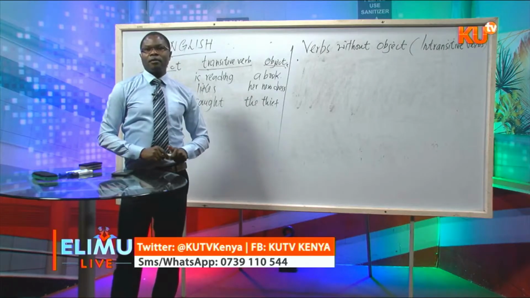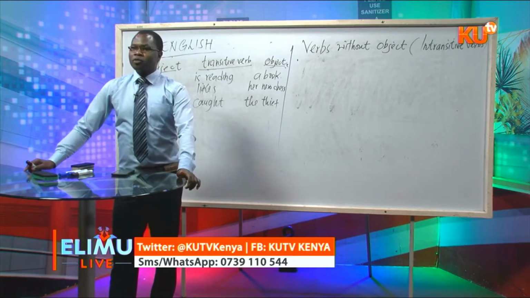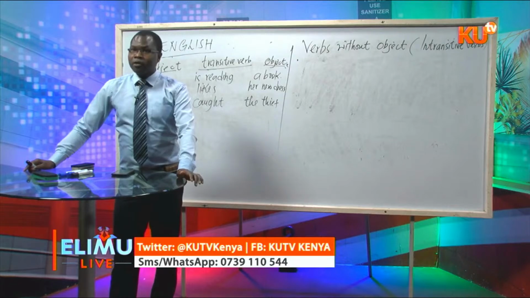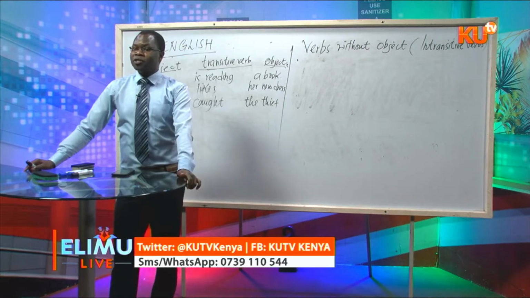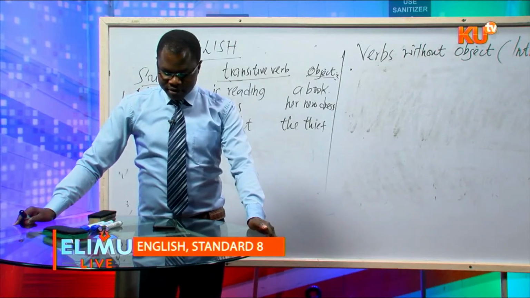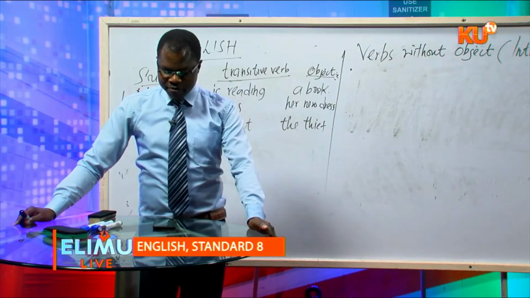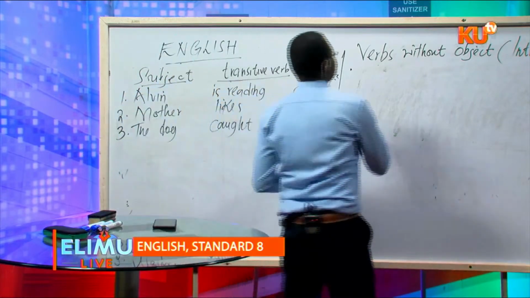Unlike the first group, we said that for that group there is a subject, there is a verb, which is an action word, and finally an object. For this case, they do not have objects.